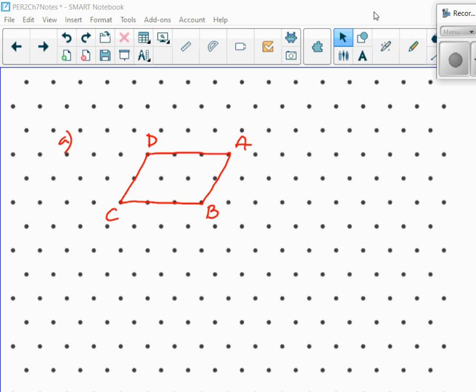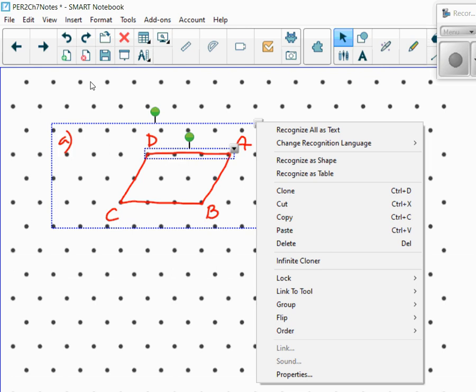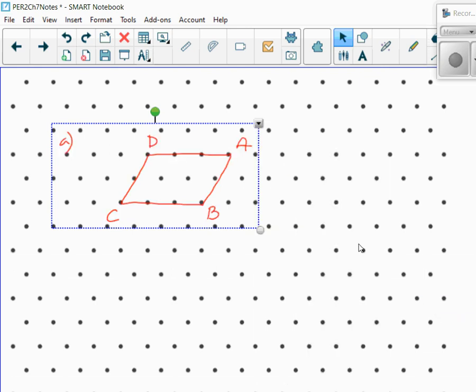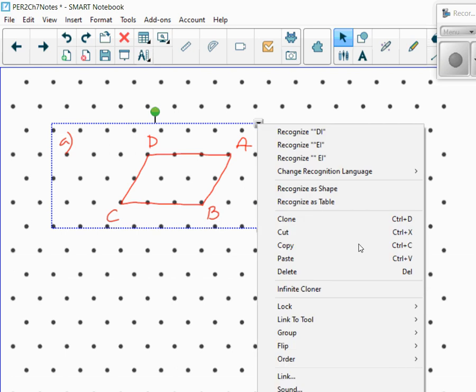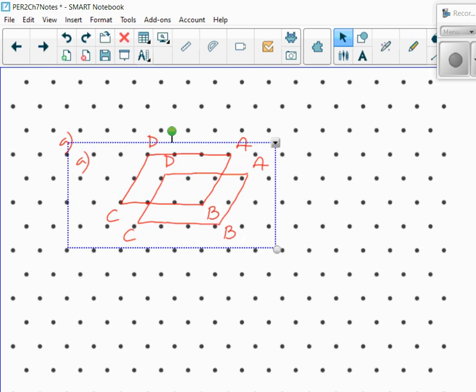Okay, so I'll try this again. I'm going to group it, and then I'm going to duplicate it. Okay, so this one here is the same.